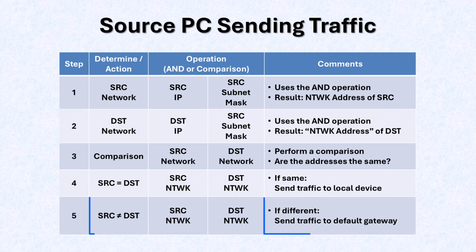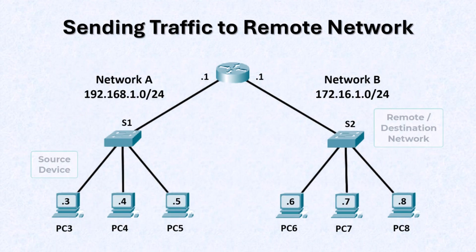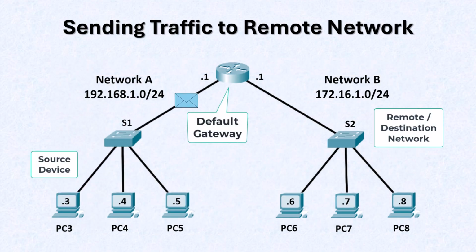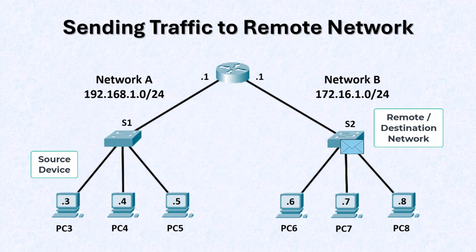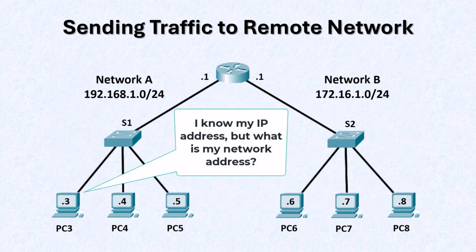If they are different, it will send traffic to the default gateway, which is typically a router or a layer 3 switch. The default gateway will then forward the traffic. But the primary focus of this episode is to explain how a PC determines its network address.